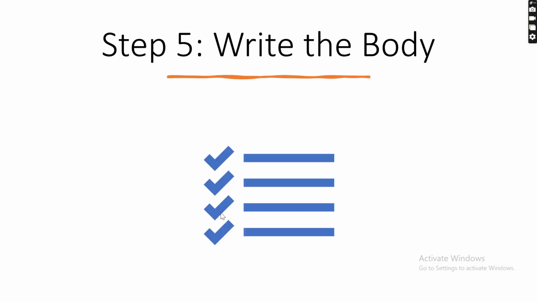Next, step 5, is to write the body. As I said, the body of a paragraph, it depends. We can't say there are only 3 supporting details or 2 supporting details or 1. It depends on the paragraph, or sometimes on the writer of the paragraph. So the body of your paragraph is where you provide the main points and evidence to support your argument.